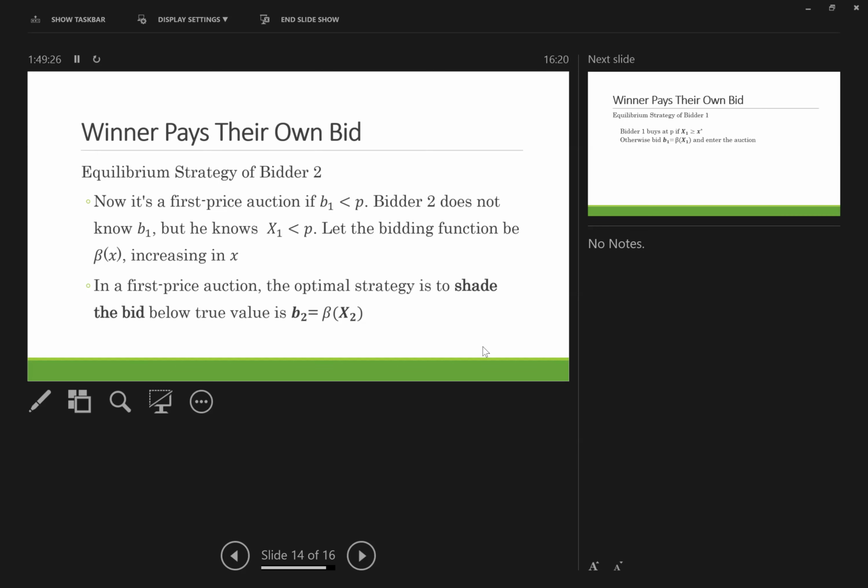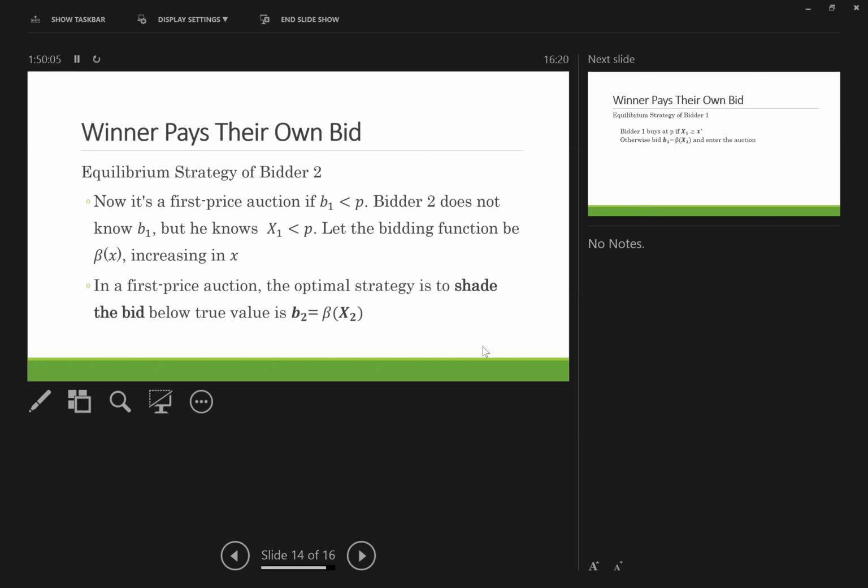So for bidder 2, in the first price auction, it is optimal to shade the bid below the true value, because at the end of the day, you are going to pay exactly what you bid.